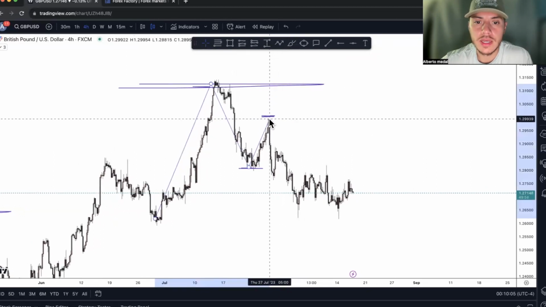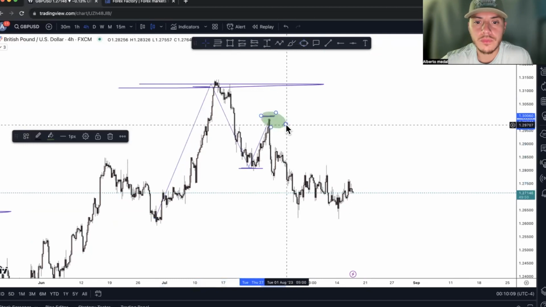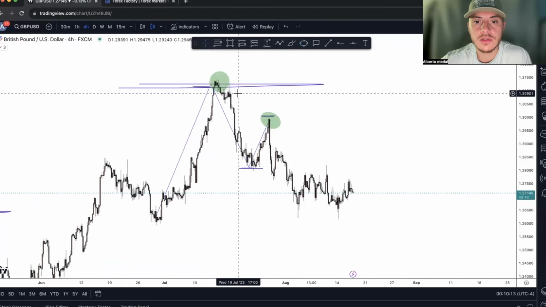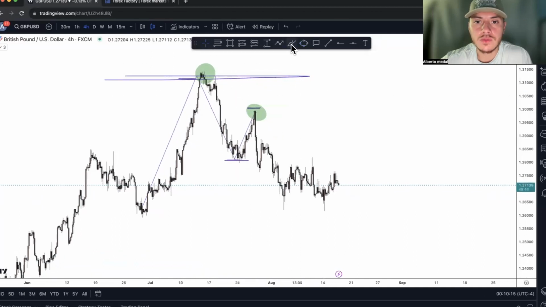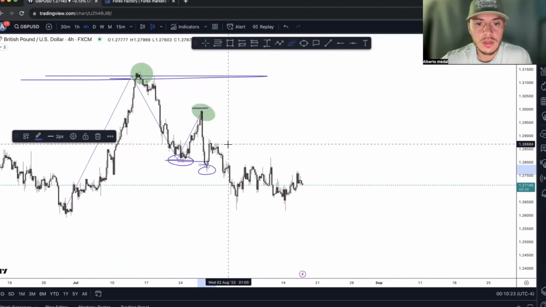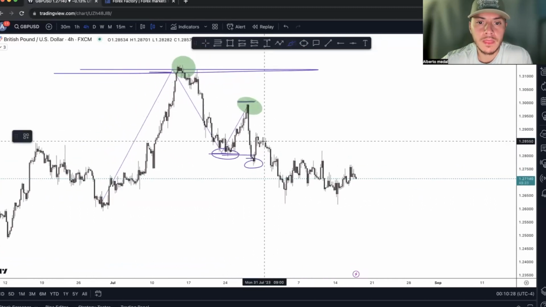What it did was create a lower high because it closed lower than this resistance over here, right? And then price broke underneath this support, creating its first lower low. And then we started seeing the downtrend market happening.